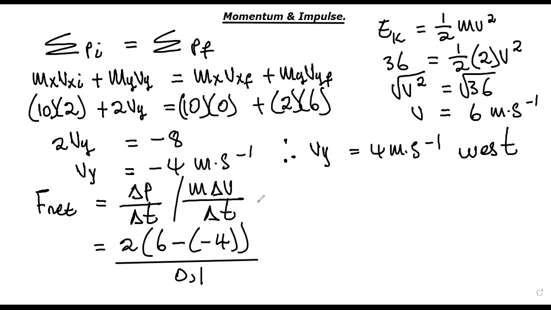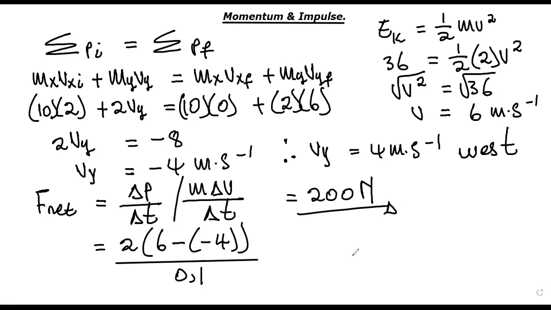So if you plug everything into your calculator, you say 2 into 6 minus negative 4 divided by 0.1. Then you find that it's going to be 200 newtons. This is the magnitude of the net force that is exerted by ball X on ball Y. And then you are fine.